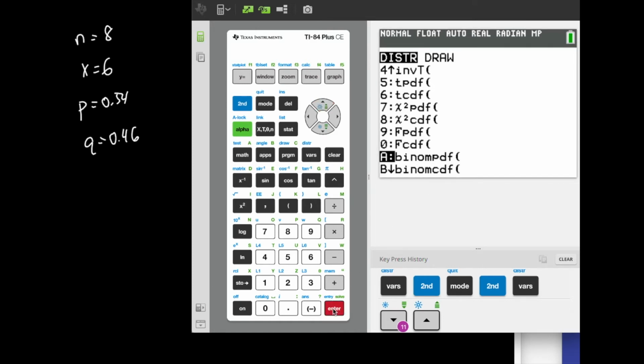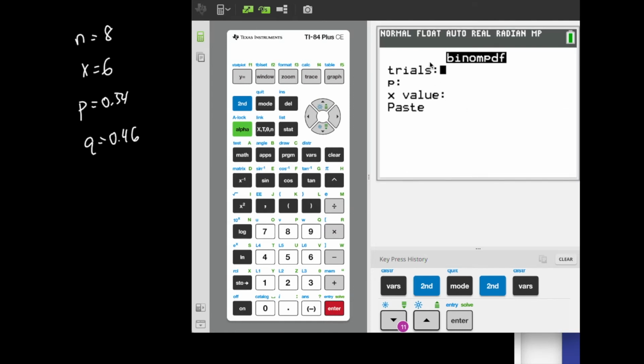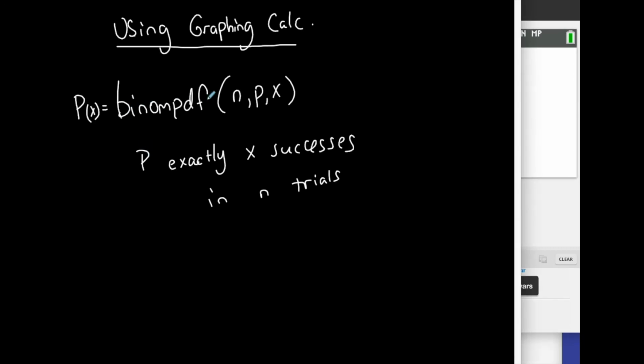binomPDF, enter. Now, some of you have it where it looks like this: it asks for the trials, it asks for p, it asks for this stuff directly. Some of you, it's just going to say binomPDF and then a parenthesis. You need to know the order in which you have to input your stuff. It's always n, comma, p, comma, and then x.